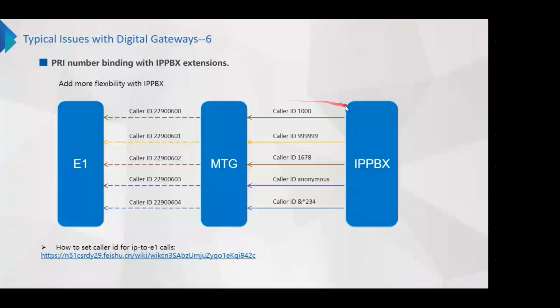Of course, you also have to check the MTG and the PBX side. So it's a quite flexible and useful feature for PBX users. If you have a PBX and want a certain extension to always display a certain call number, the physical ID, that can be done by our MTG. Okay, so it's a useful feature. That's why I share it with you here.